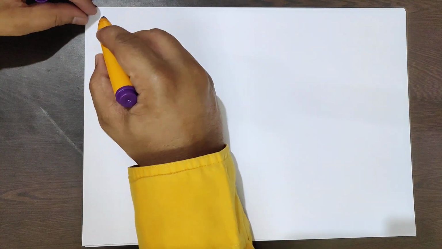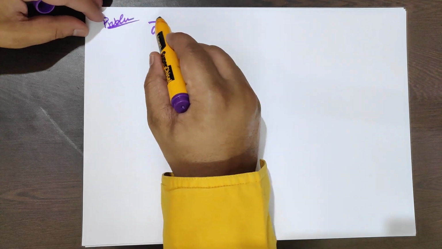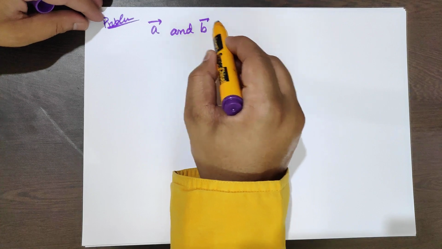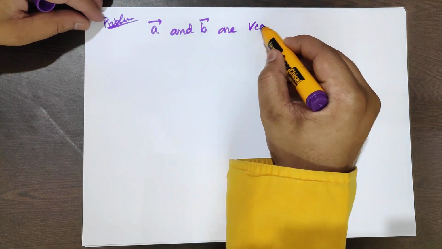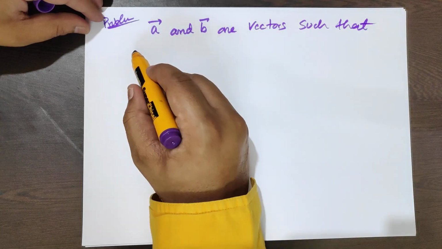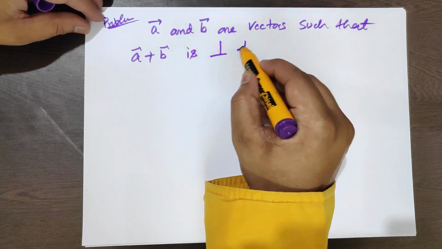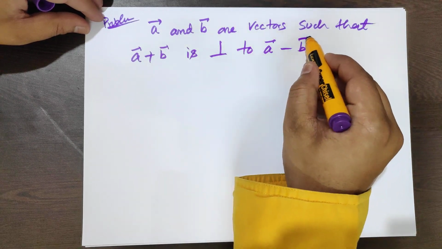Now we'll solve one problem using dot product. It can be solved without dot product also, but as we have learned the dot product, we would like to apply it. Say the problem is like this: a and b are vectors such that a plus b is perpendicular to a minus b.